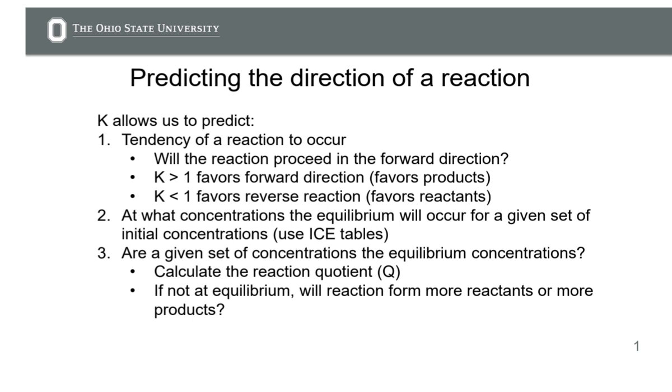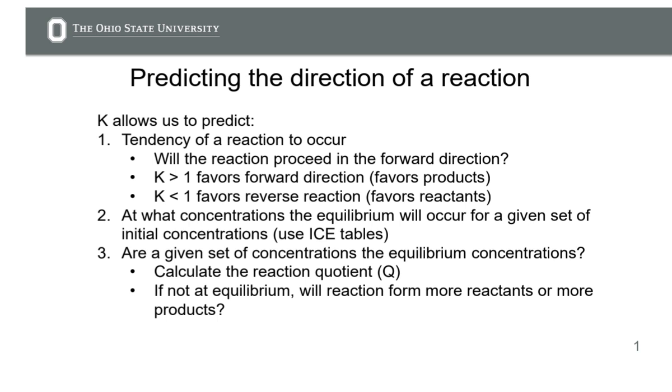So then, what we then started with last time is looking at reaction quotient. So let's say you're given a set of concentrations for all of the reactants and products in a chemical equation, and you want to figure out if those concentrations represent equilibrium. We'll use the reaction quotient Q to determine if they are at equilibrium. If we find that we are not at equilibrium, which way will the reaction proceed to reach equilibrium?